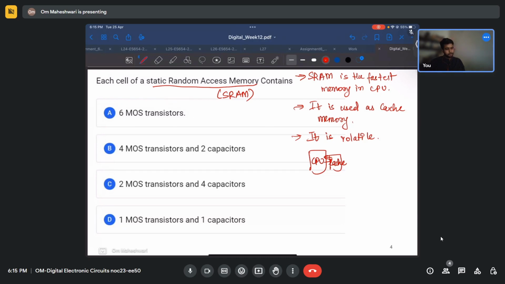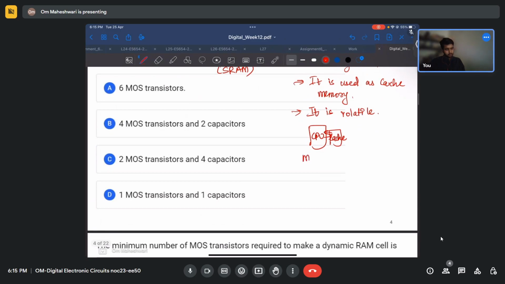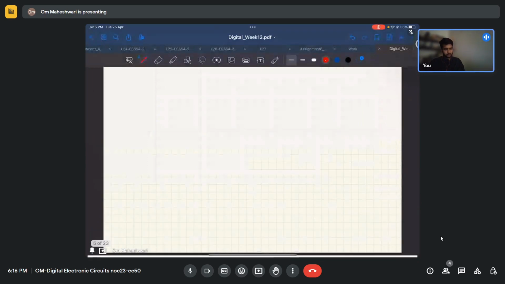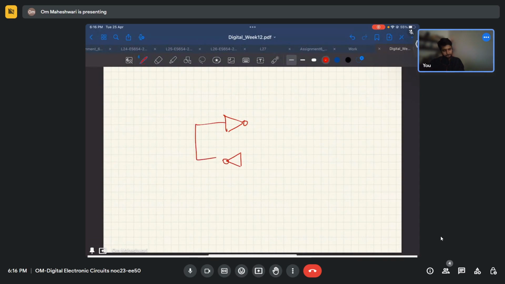It is made using CMOS inverters. In SRAM we have two cross-coupled inverters, which form a memory storing element.